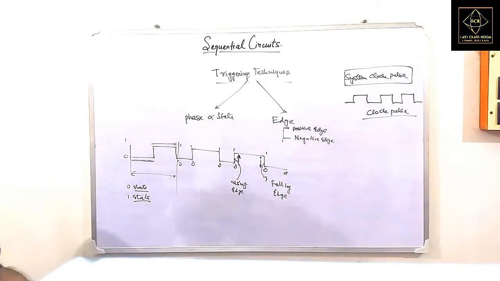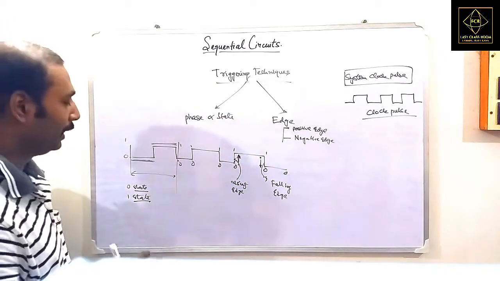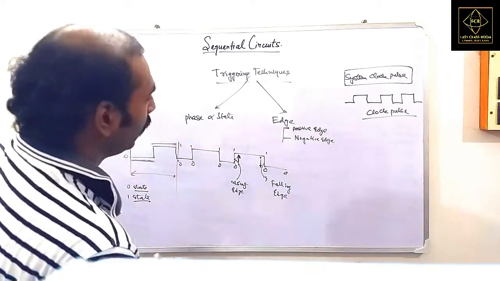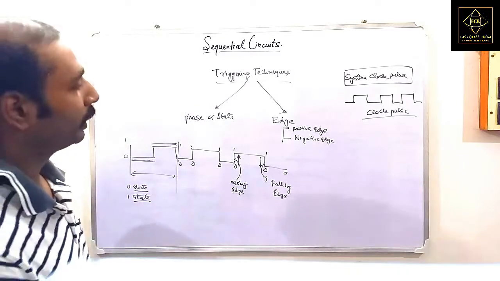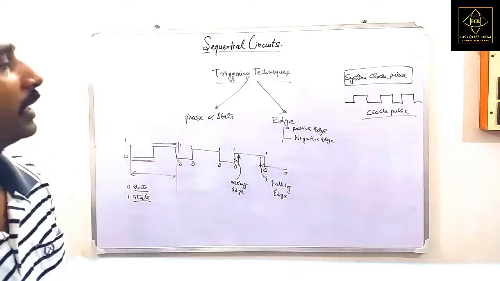So we have two triggering techniques for edge, and there is one triggering technique for phase. Technically we can say we have two triggering techniques for phase also, but still we have two triggering techniques for edge.